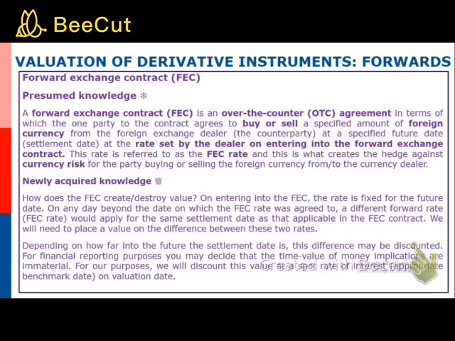Where it's a medium-term instrument, then, as you should know from your financing exposure, more often than not, the interest rate doesn't compound once over that time, it compounds monthly. And so you could argue that in valuing on a fair value basis an FEC over a medium term, you would need to compound that interest rate monthly, and then N would be the number of months between valuation date and your FEC settlement date, and not a period of one, which is what we're going to default to if it's a short-term instrument.